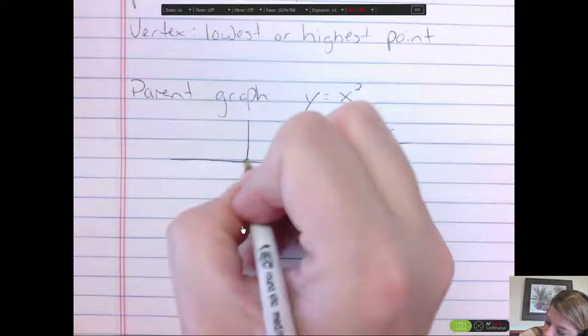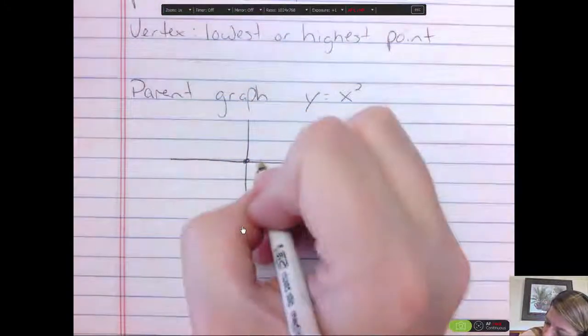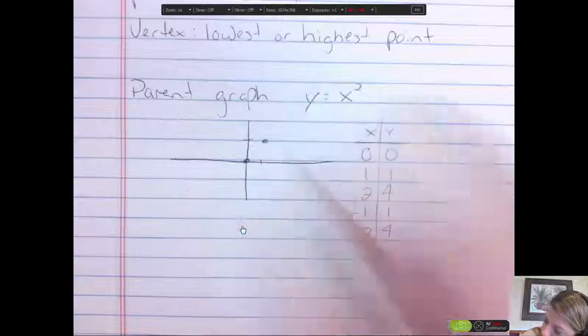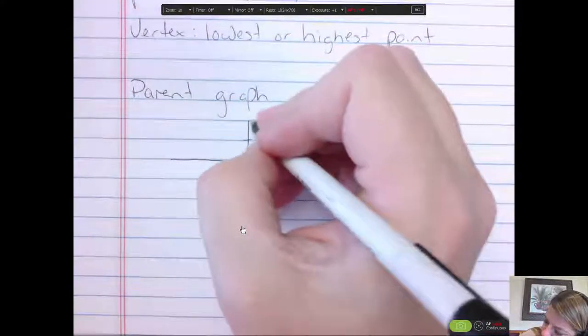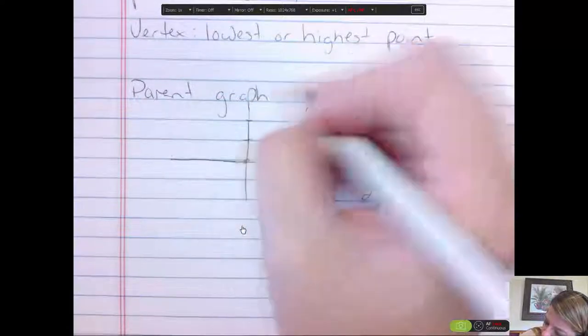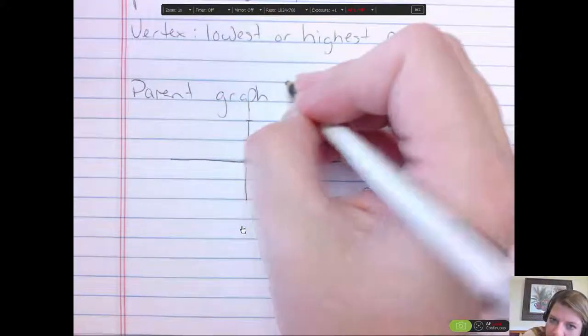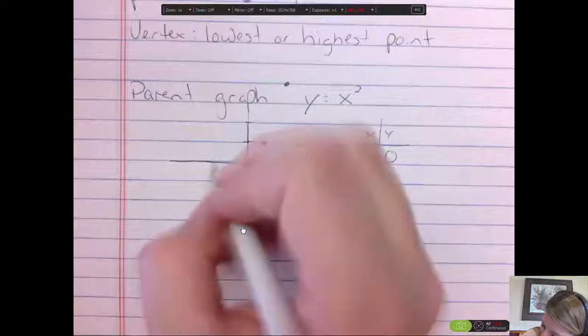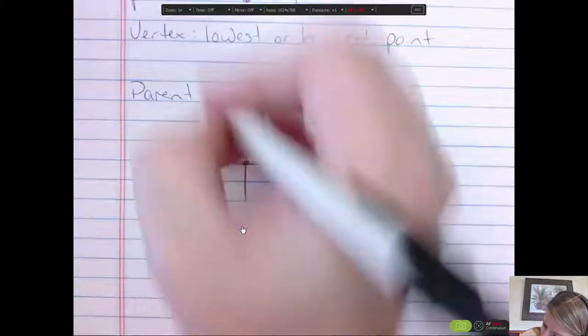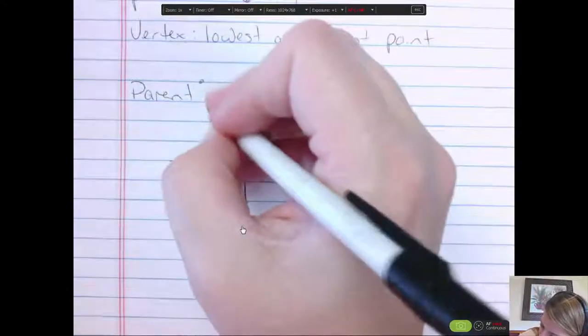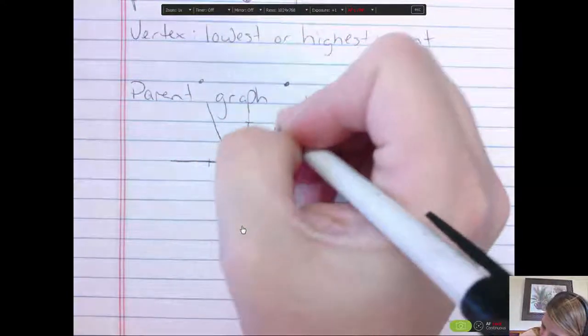So we have 0, 0, then the point 1, 1, 2, 4, negative 1, 1, and negative 2, 4, up here at the top of my graph. So our graph is going to look like this.